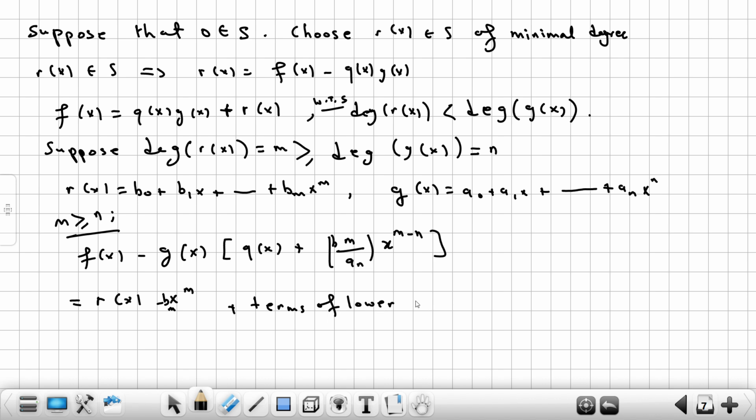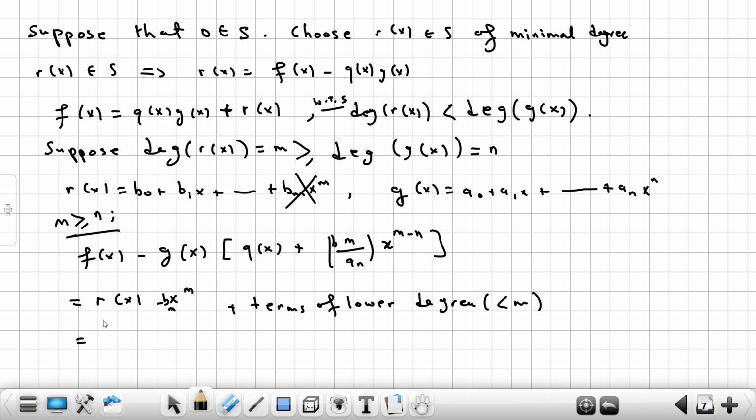Lower degree, I mean less than m. So r of x minus bm x^m eliminates this term here from r of x.